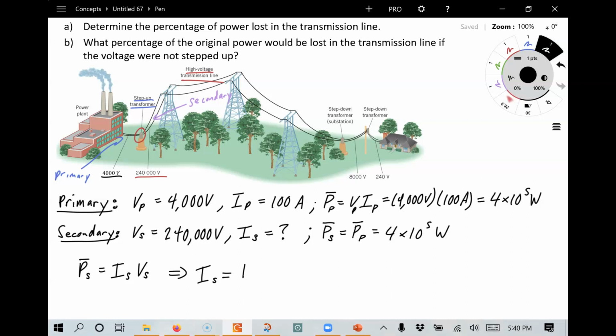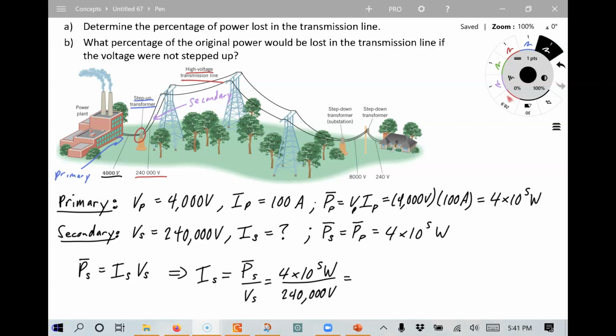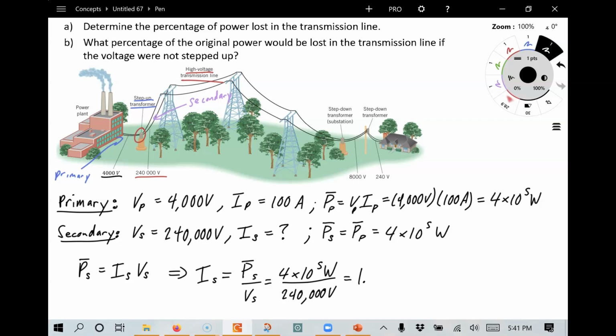That's going to be equal to the power divided by the voltage. And so we're going to put in 4 times 10 to the 5th watts divided by this big number, 240,000 volts. And that comes out to a small current of 1.667 amps.